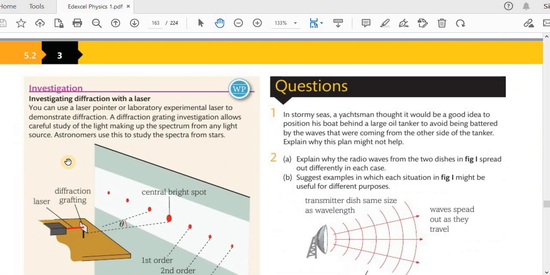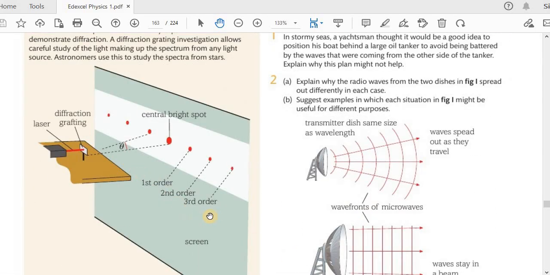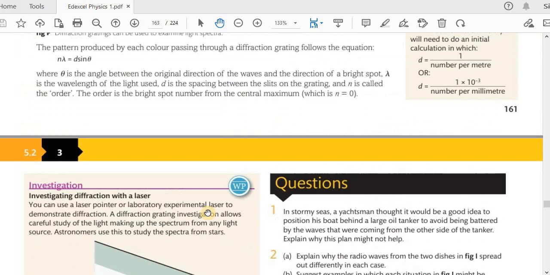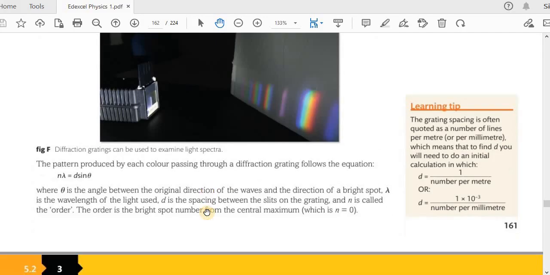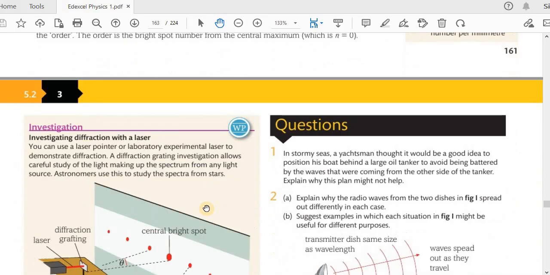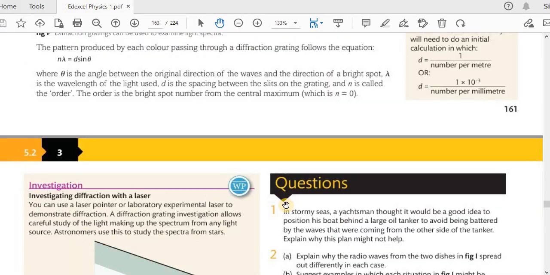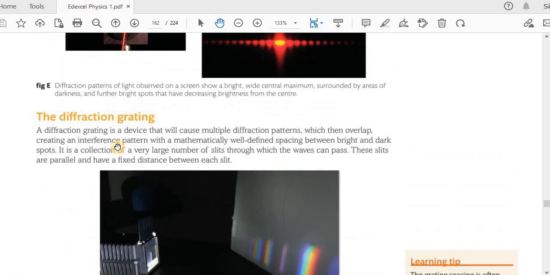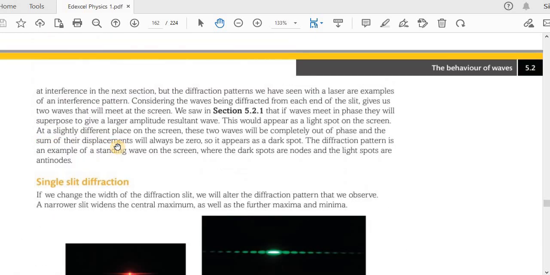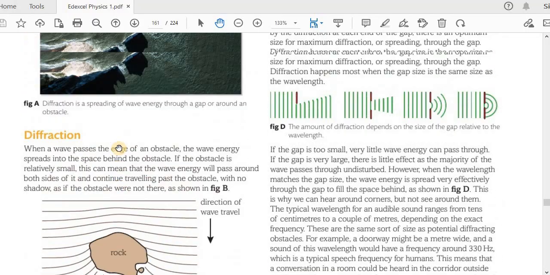So n is the first order, second order, third order, it can go on. And then you should know all the terms here: n lambda equals d sine theta. And you should know what is diffraction.